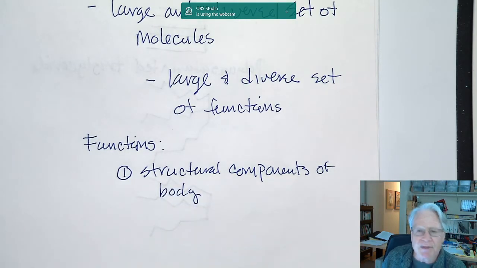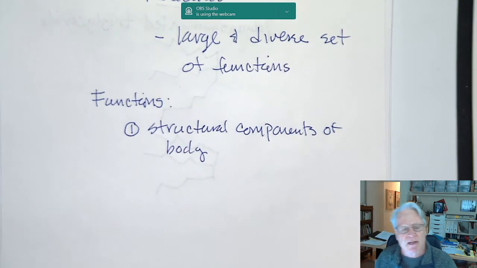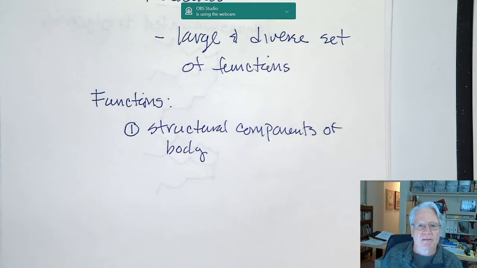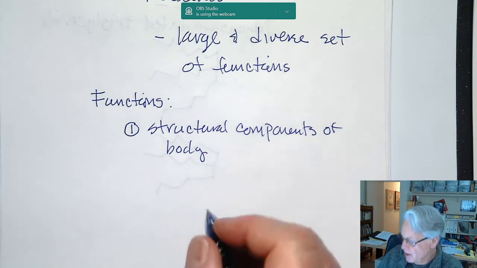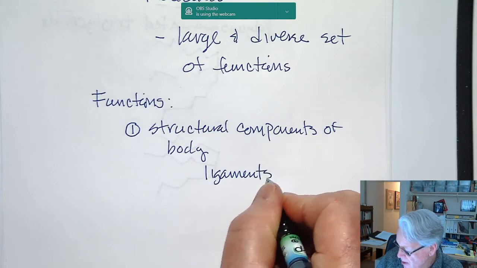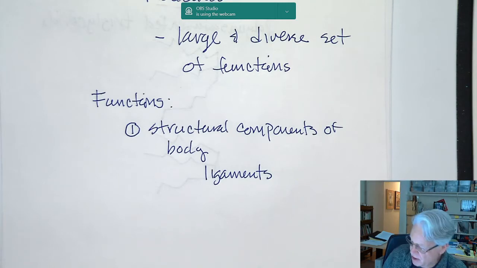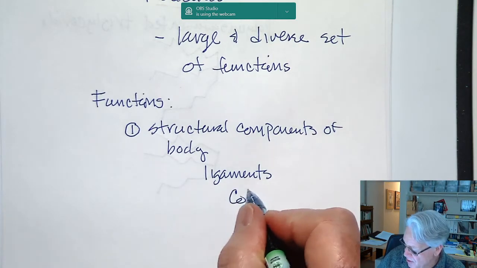And this takes the form of many, many different types of proteins. I'm just going to give you one example: ligaments. A ligament is connective tissue that connects bone to bone, and it's composed of this protein, collagen.